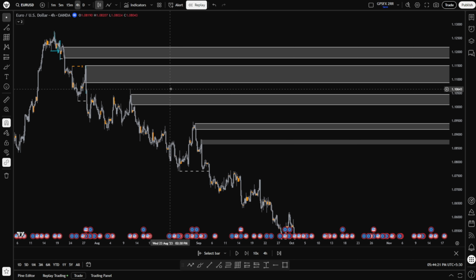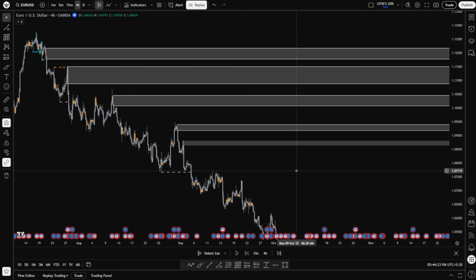All right. So we have about 4 strong order blocks and we have 1 weak order block, right? So now let's see how the market reacts to all these things. Okay, so the market is going up and all right, so it's reacting to the weak order block.